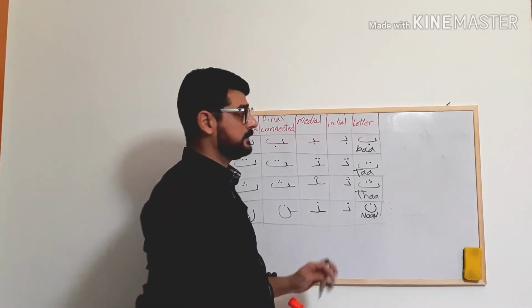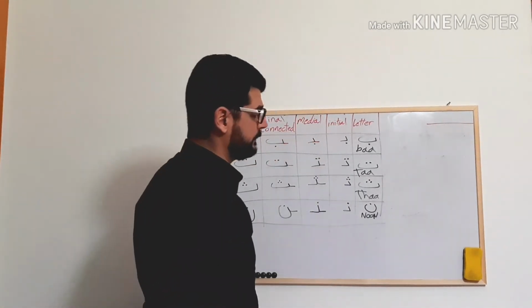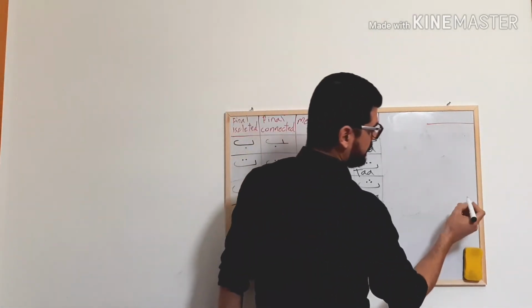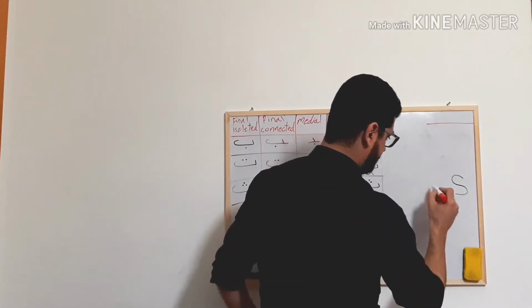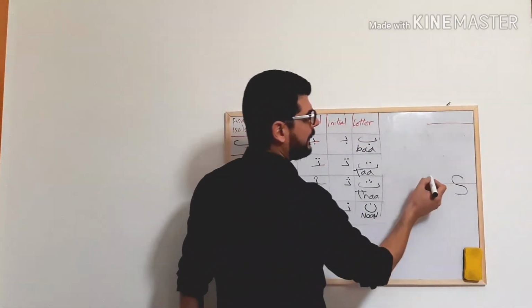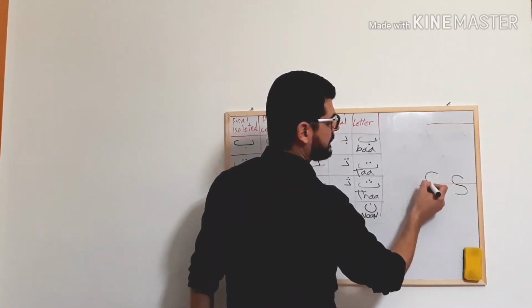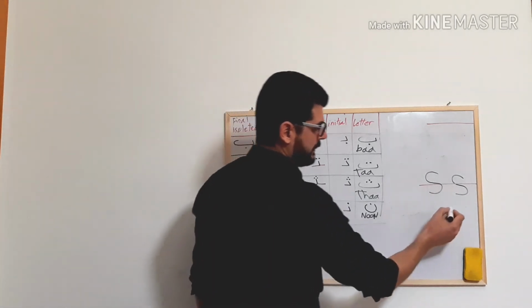Okay, last letter. I need also my line. Look at it. We have a line. Okay, make a perfect S, English S. Make it perfect. Not like this.